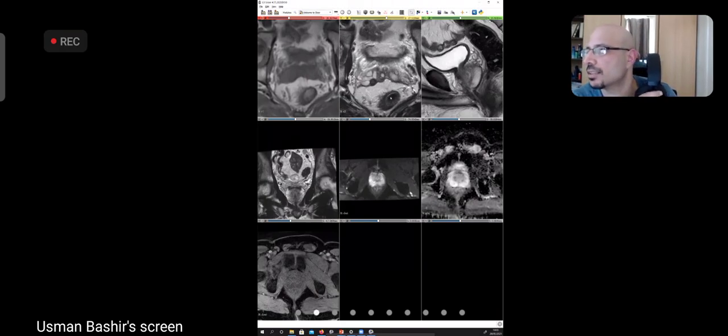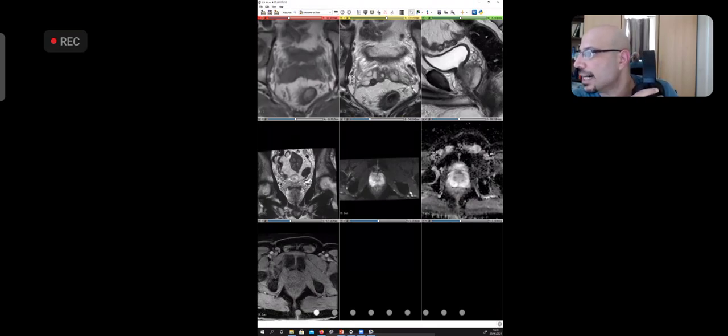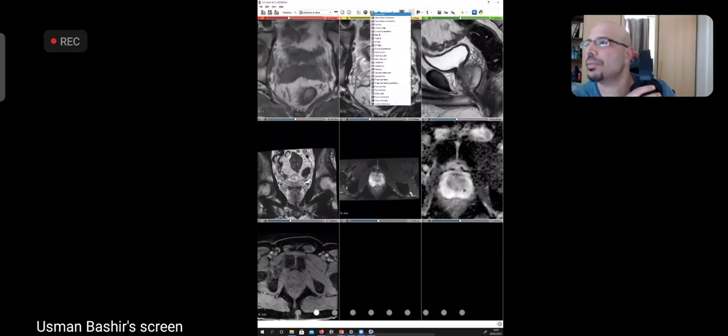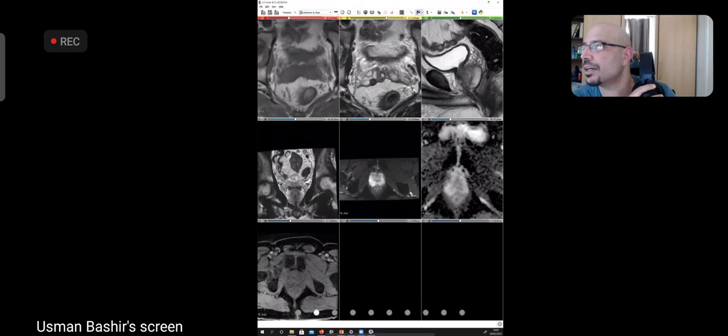Okay, so let's go back to where we were. I was saying that I've just finished looking at the ADC map. Let me rewind a little bit. When you are doing PI-RADS scoring, you actually have to give some information about where the tumor is, where you're seeing the tumor.